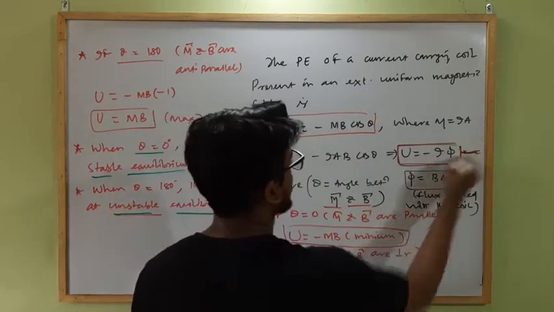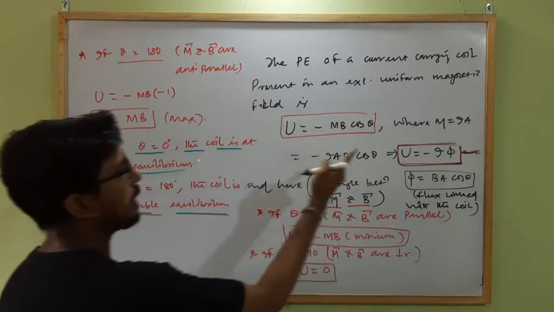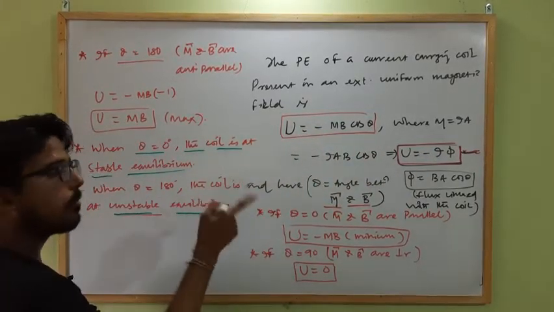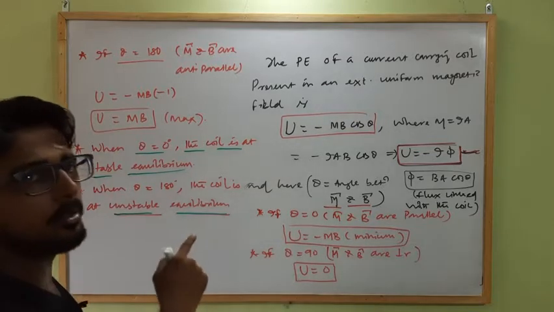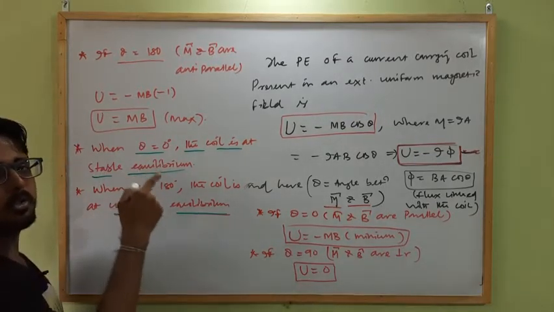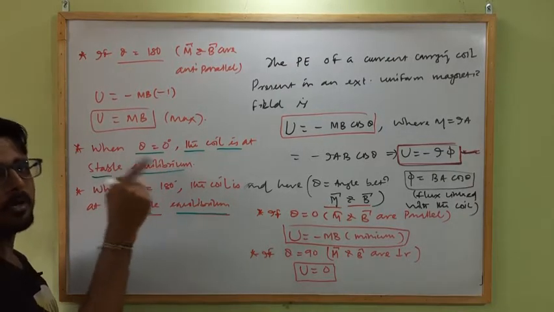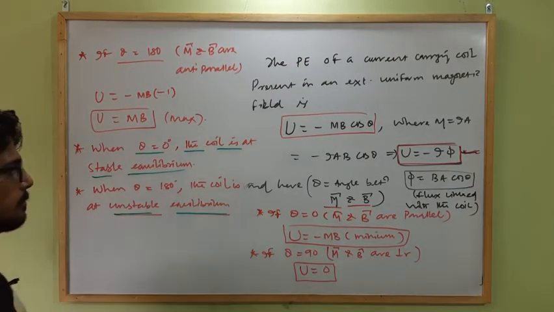Okay, you have to remember these two relations for the magnetic potential energy stored in the current carrying loop, and in case of work done, we have to remember the formula I already told, mb into cos theta 1 minus cos theta 2, or I into phi initial minus phi final. Clear?